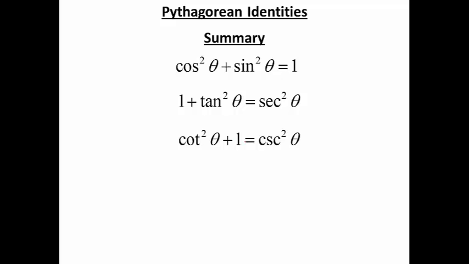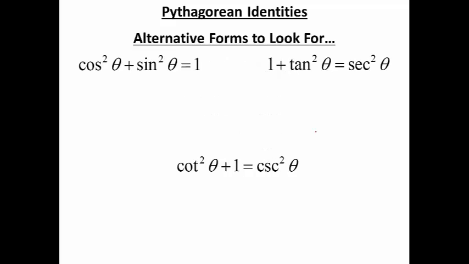Many different ways you could see these Pythagorean identities written, but these are the main ways you would see them written. If I ask you, what are the Pythagorean identities? These are the three formats that I expect to see. But again, be prepared to see them in alternative forms, with one of the terms moved to the other side.